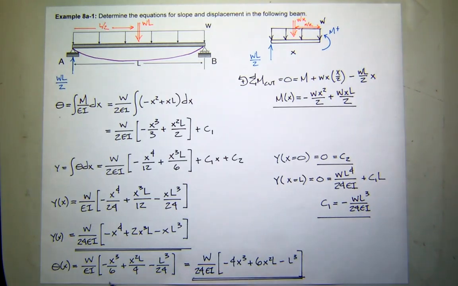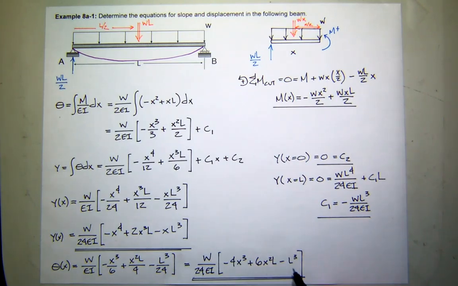Now, you could find where the slope is 0, and where the slope is 0, that's going to be the maximum displacement. So how do you find where this is 0? You have to set it equal to 0, right? Might be a little tricky. Oh, I left something off. No, I messed something up. Did I mess up?